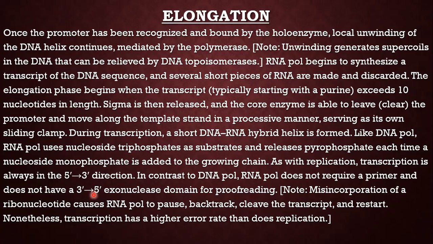However, that does not mean that it does not proofread. When we have a misincorporation of a ribonucleotide, the RNA polymerase usually pauses, backtracks, cleaves the transcript it had created, and then restarts. Nonetheless, even if it does that, transcription has a higher error rate than replication does.